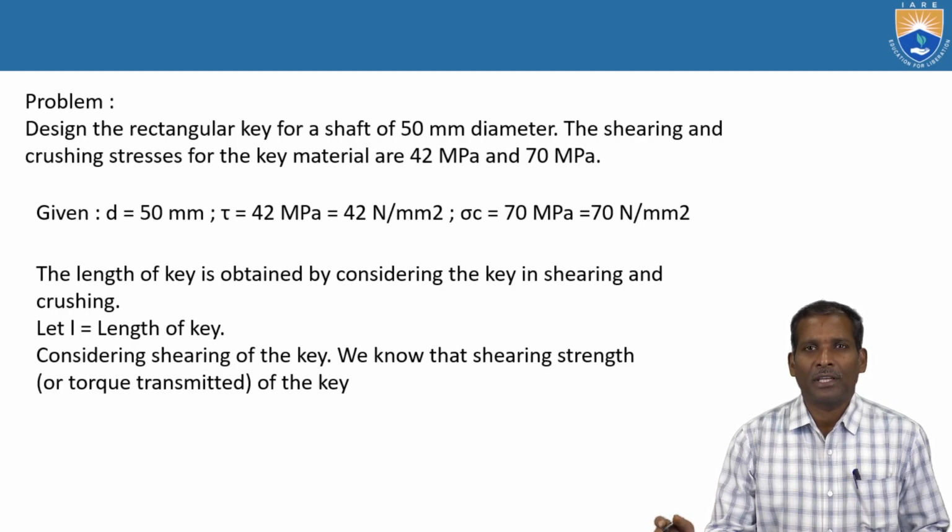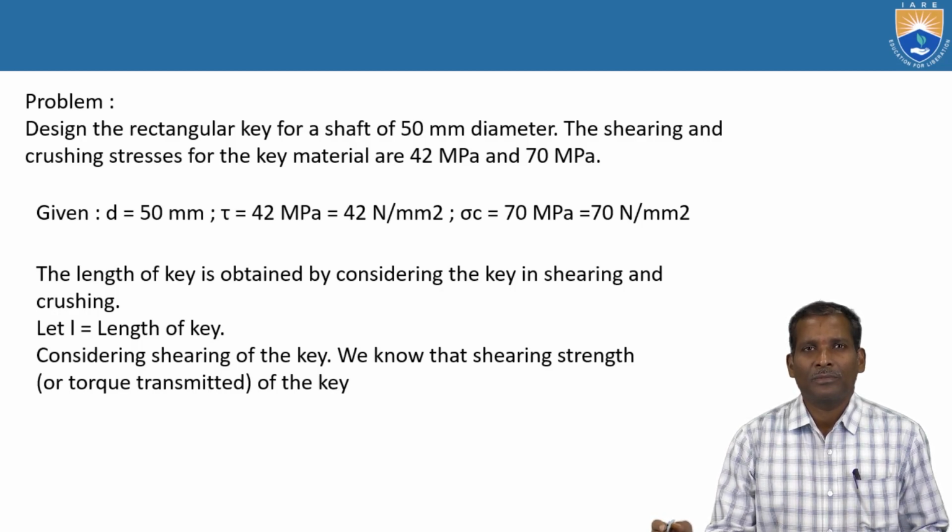The function of the key, the materials of the key, and how to write the torque transmitted equations, we have already studied. In this session, I will explain how to solve the problem when a particular key, a rectangular key or a square key, is given as per dimensions.